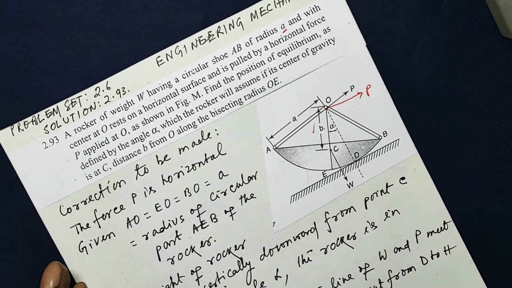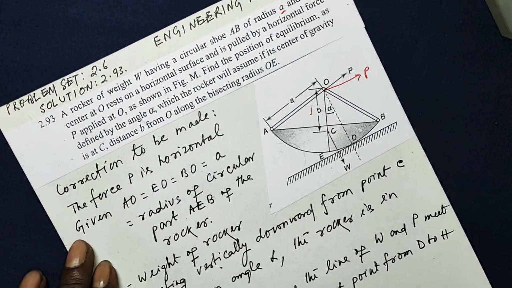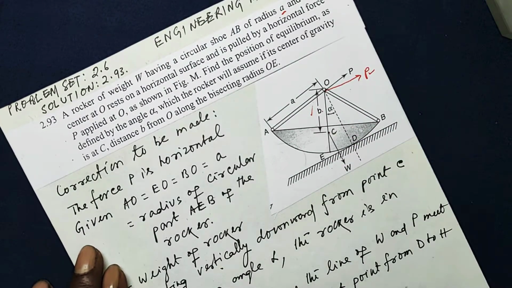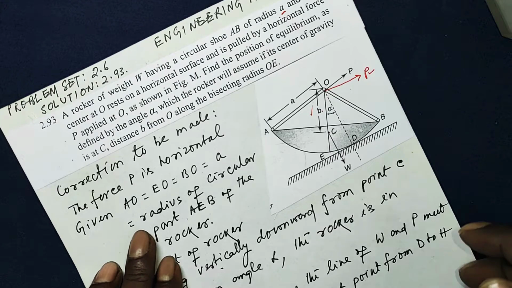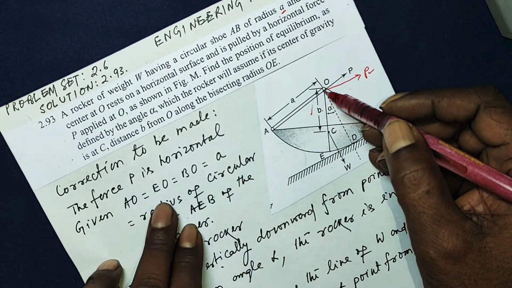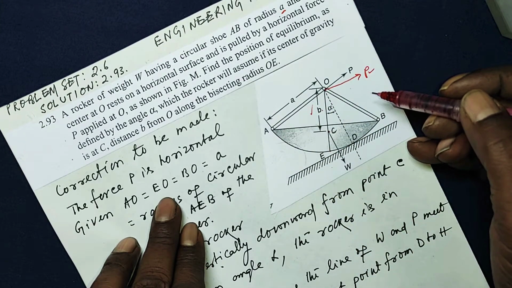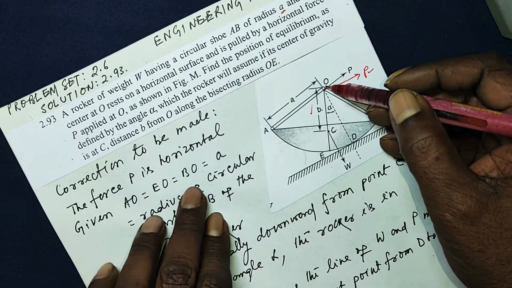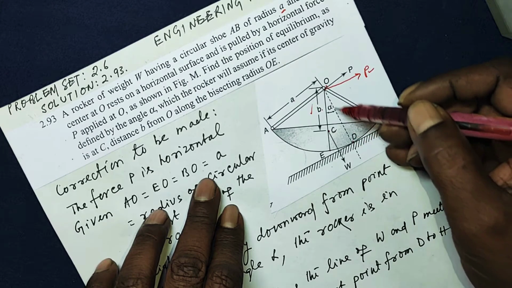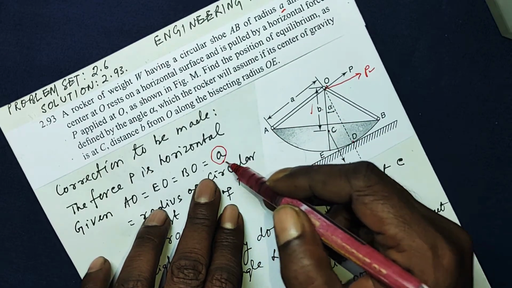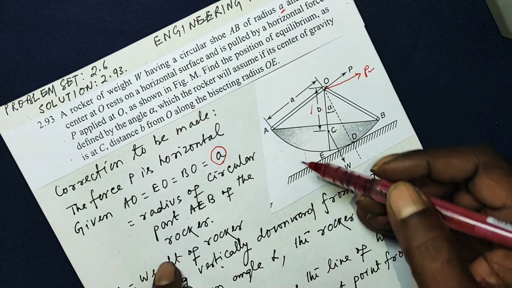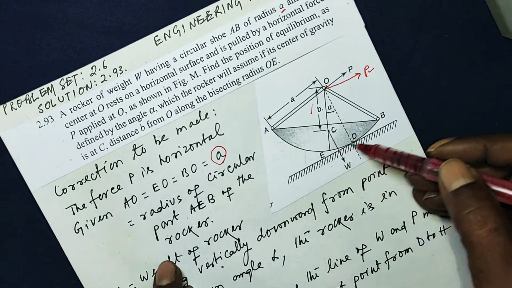The applied force P is horizontal. I will show it in a different diagram. What is given is that the length AO is equal to length EO is equal to length BO, and is also equal to the length DO, that is the radius a, the radius of the circular part AEB.